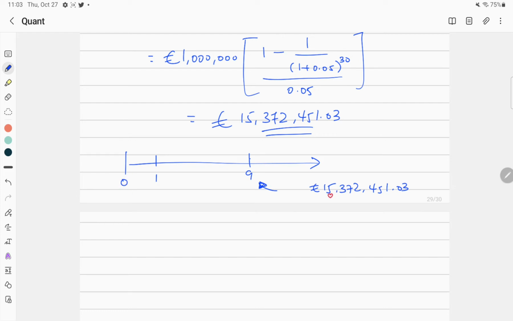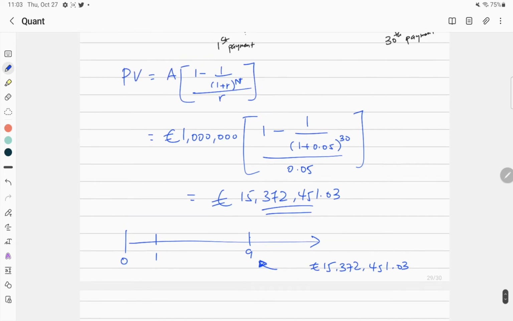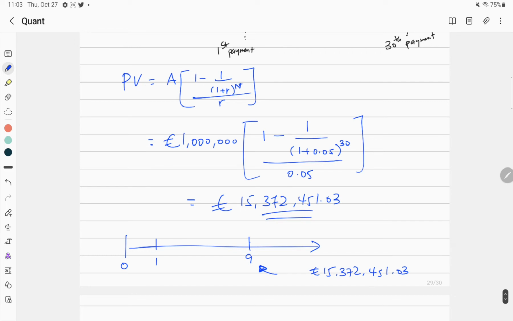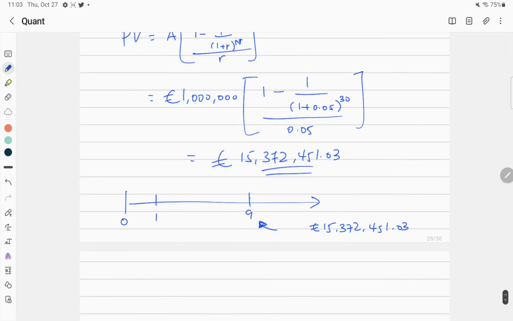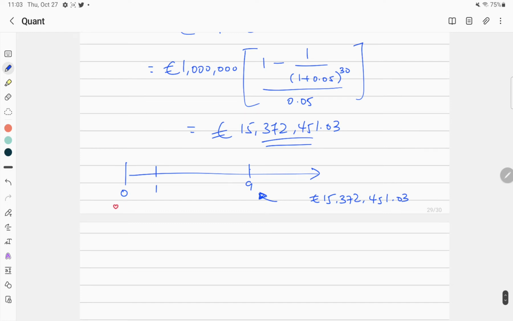So now we calculated this 15 million euros as a present value, but that's from the perspective of this 30-year annuity period. But if you wanted to calculate how much he should have at time equal to 0, then this amount at t equal to 9 becomes a future value, right?